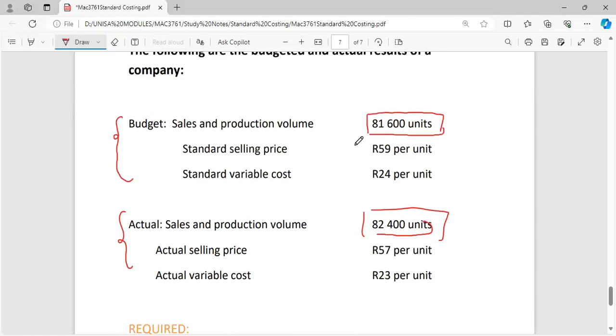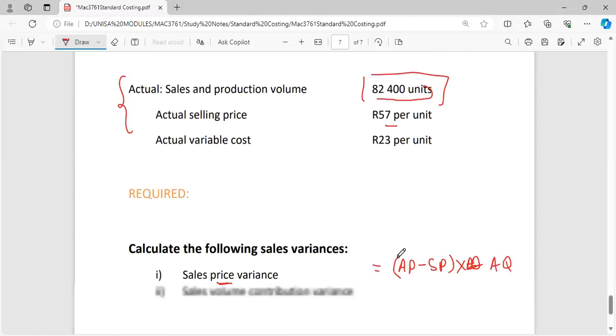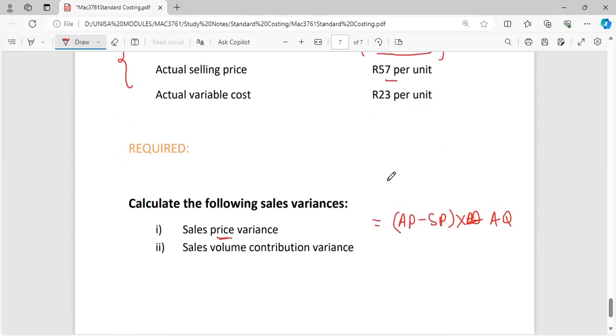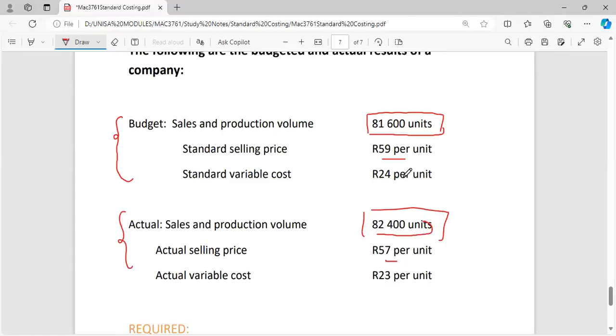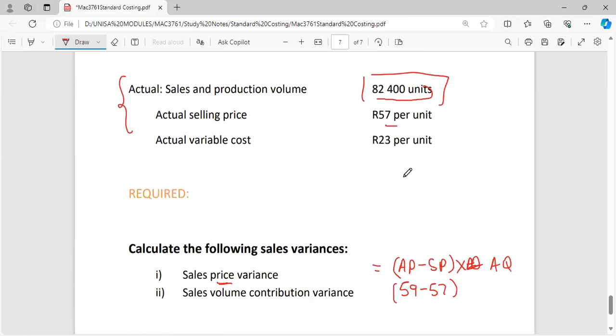What is the standard selling price? It's 59 Rand, am I right? And the actual is here. So it's going to be 59 minus 57 times what? 82,400. Am I right?